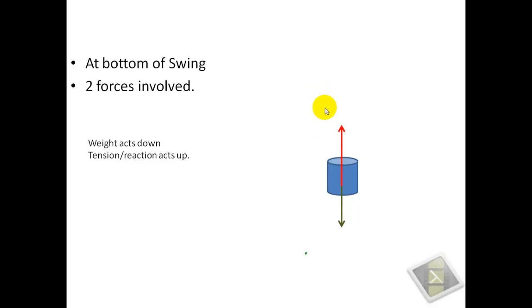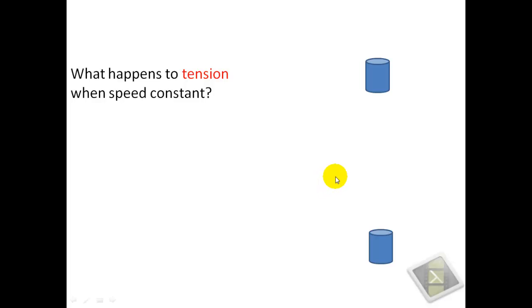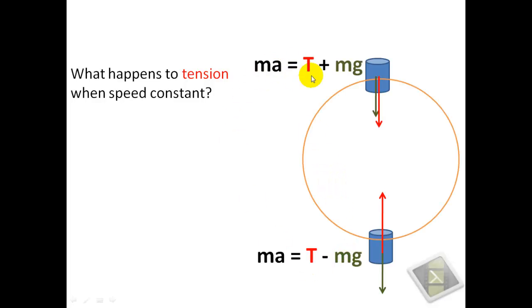Well, the acceleration is always towards the centre of the circle, so it's in the direction of the tension. So we can say that the unbalanced force, F equals ma, is equal to T upwards, because the acceleration is upwards, minus mg, because mg is downwards. We combine these together. How could we rearrange this to find out what the acceleration would be?